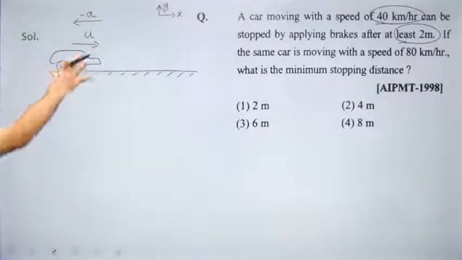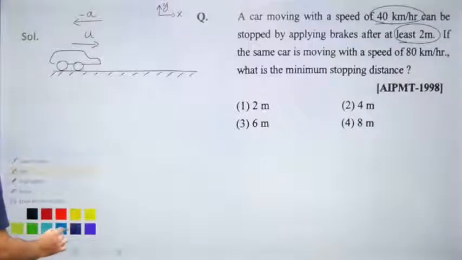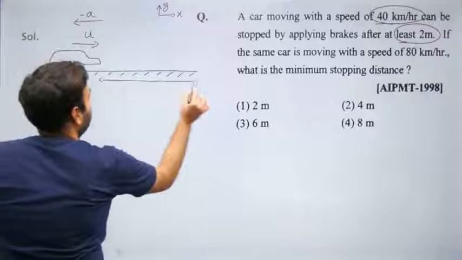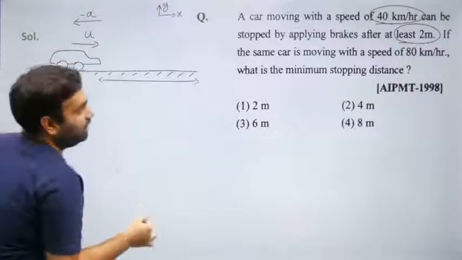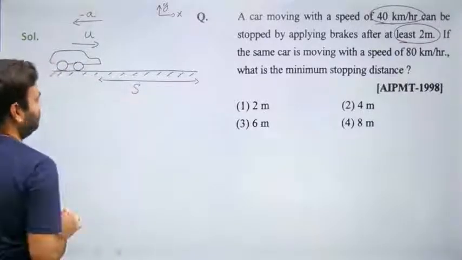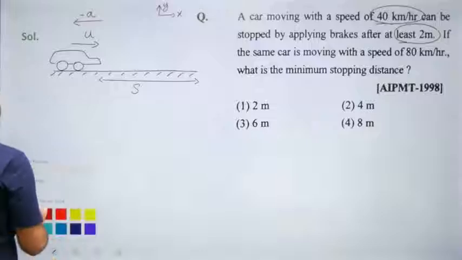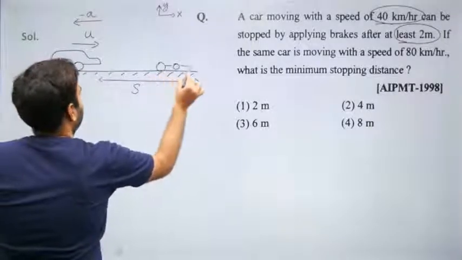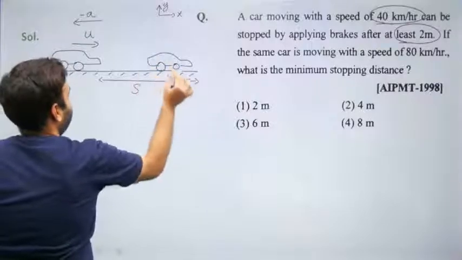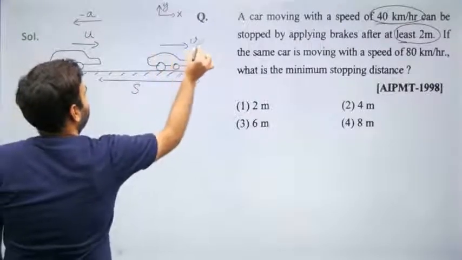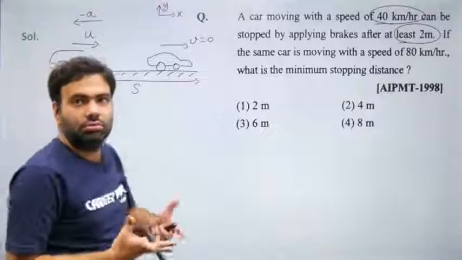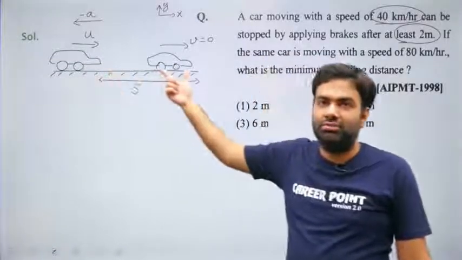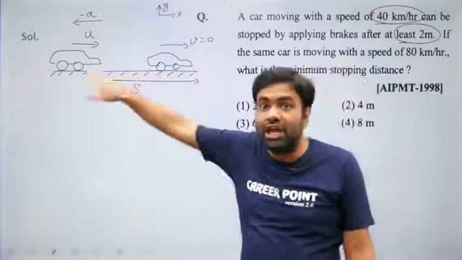After application of brakes, the distance traveled by the car is s, suppose, and finally its velocity becomes 0, because stopping distance means the distance traveled by the car to stop after the application of brakes.